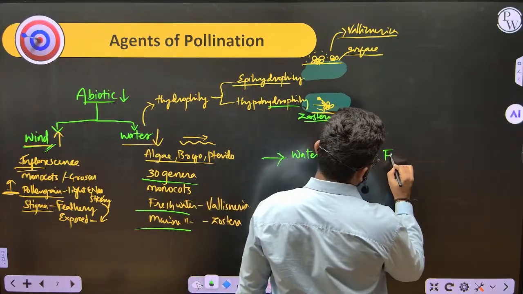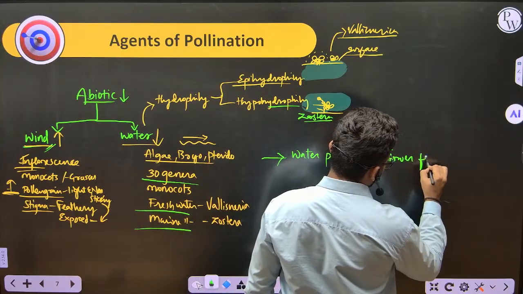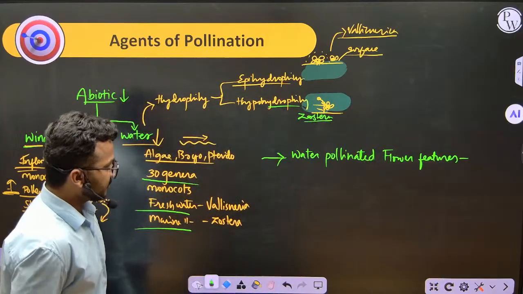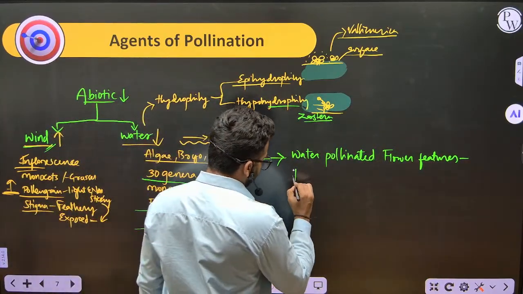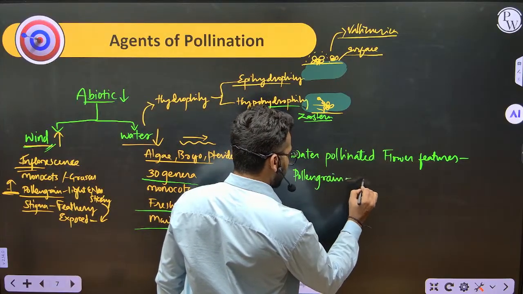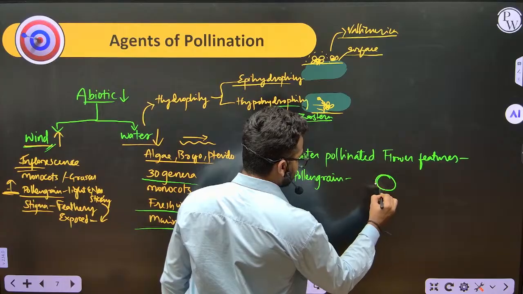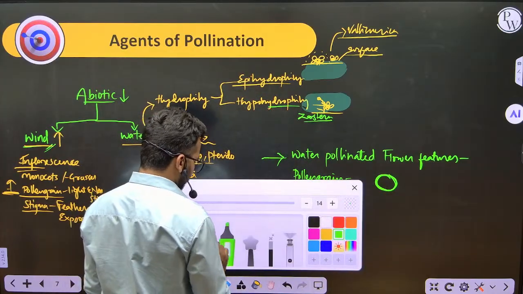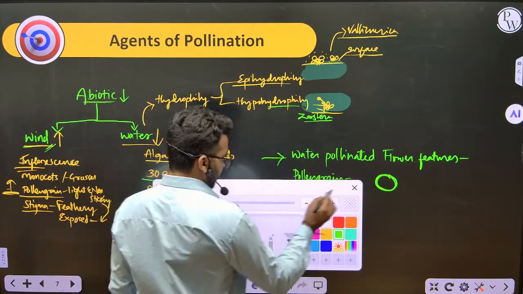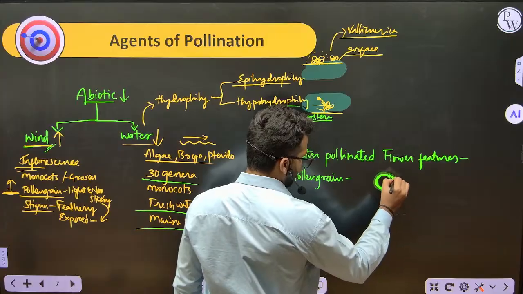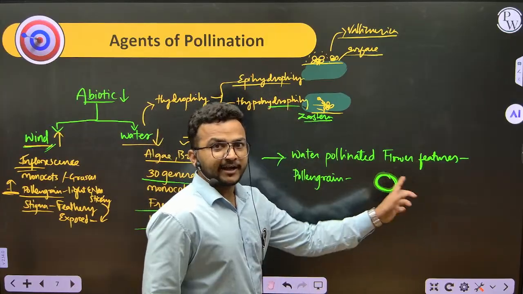So the water pollinated flower features are: here the pollen grain will be covered with a mucilaginous layer upon this, so that it should not get wet.